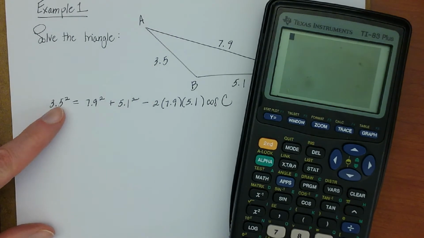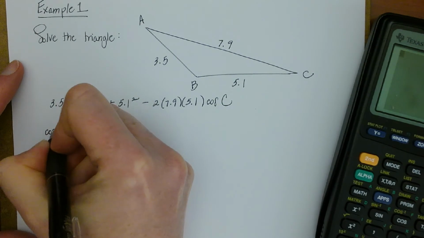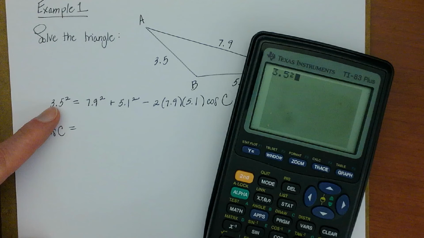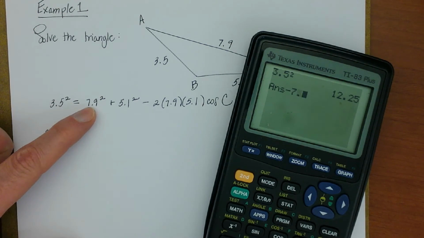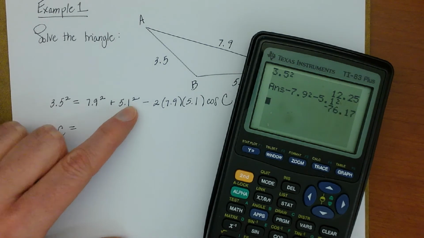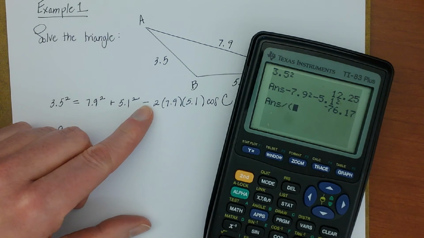So first I'm going to isolate the cosine of angle C. I would take 3.5 squared, and then subtract off 7.9 squared, and subtract off 5.1 squared. Then I'm going to divide that result by the quantity negative 2 times 7.9 times 5.1.